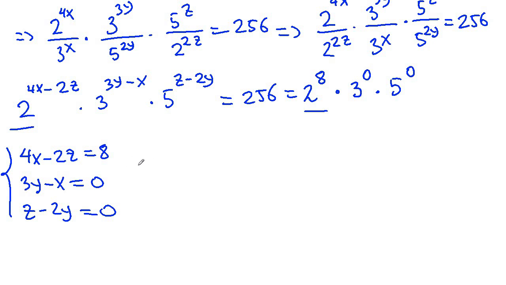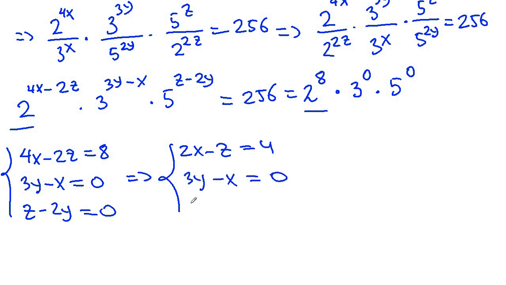So let's solve this system of equations. Here, in the first equation, let me divide both sides by 2, then I'll get 2x minus z is equal to 4, 3y minus x is equal to 0, and z minus 2y is equal to 0. Our main goal is to find x, y, and z.